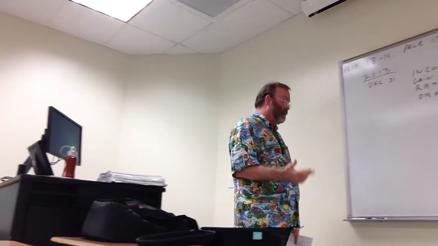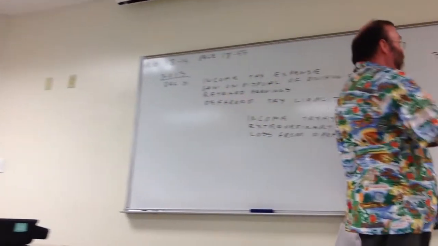Okay? All right, let's go back and do two more, and then we'll call it a day for this chapter. Let's do what the accounting entries are required for operating loss carrybacks and carryforwards.